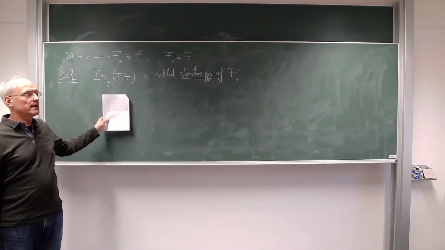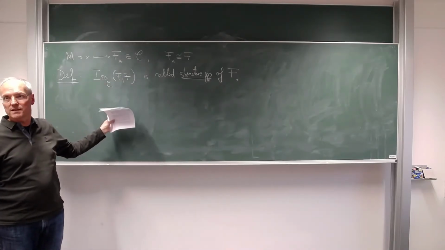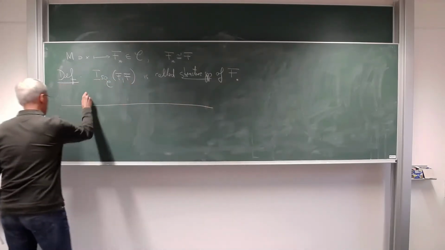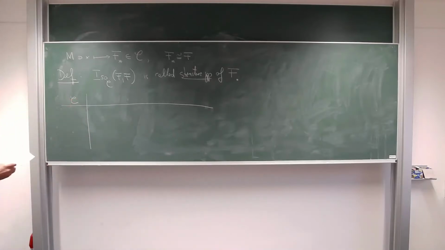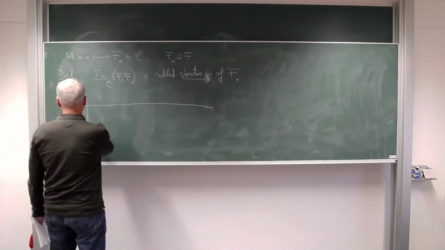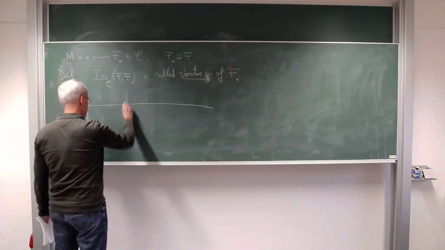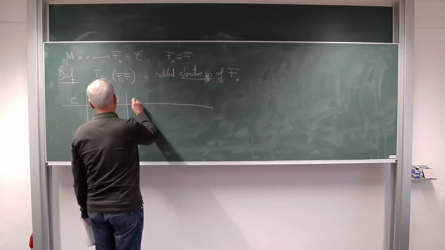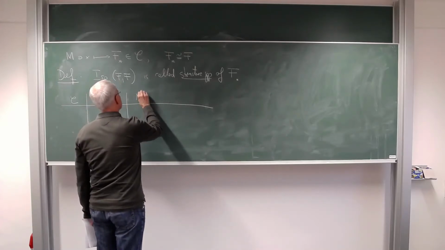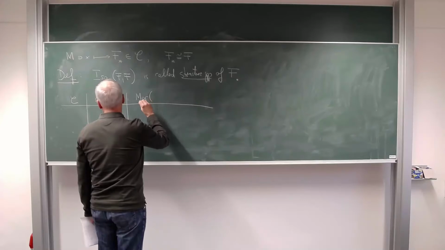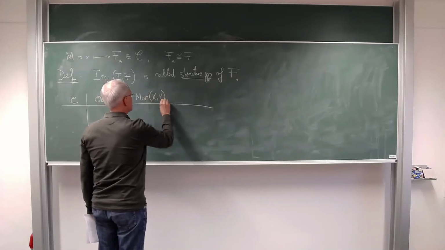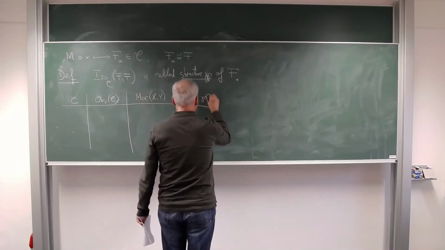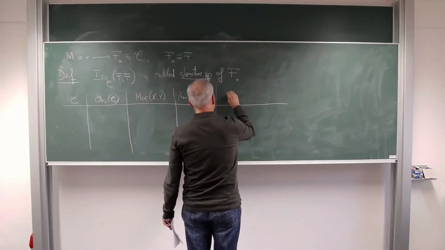And I will make a table here and write down the traditional name of the particular type of bundle that corresponds to this category C. Okay, so maybe to specify, let's say, here are the objects of the category, here are the morphisms between two objects, and here's the structure group. And here's the traditional name for the corresponding bundle.